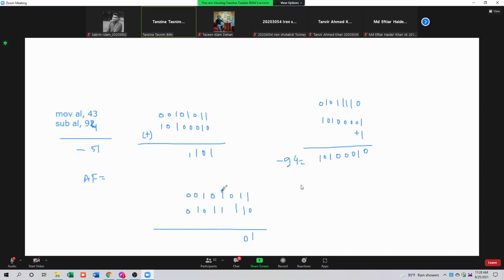1 minus 1 equals 0. 0 minus 1, that means we're going to take a borrow from this position. The position of this bit is 0, 1, 2, 3, right? And from which position did we take the borrow?